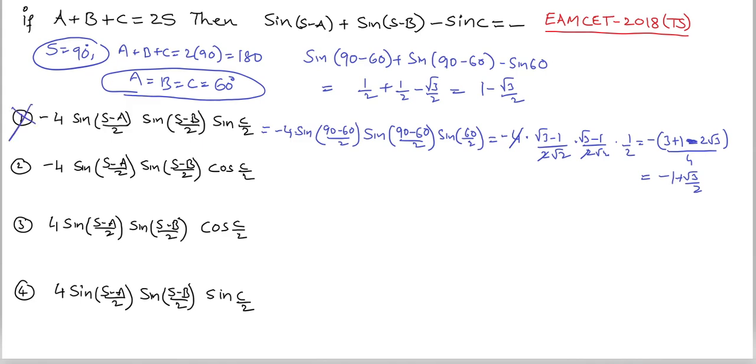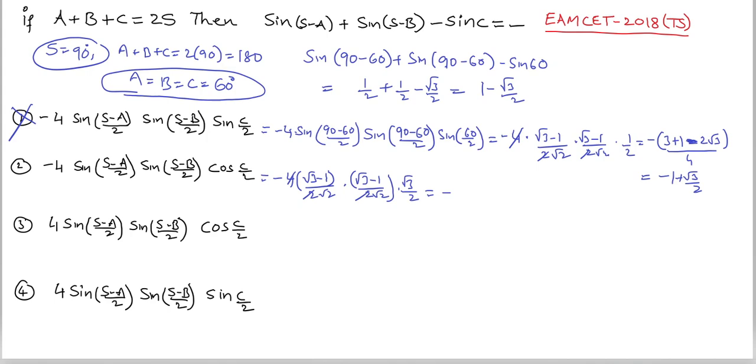And substituting in the second option, that is equal to minus 4 sine (90 minus 60) by 2, sine 15, that is root 3 minus 1 by 2 root 2, into sine 15, that is root 3 minus 1 by 2 root 2, into cos c by 2. Cos c by 2 means cos 60 by 2, that is cos 30, root 3 by 2. Here 2 into 2 is 4, cancel.